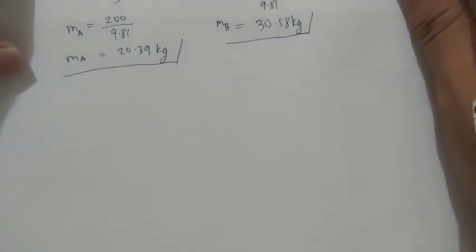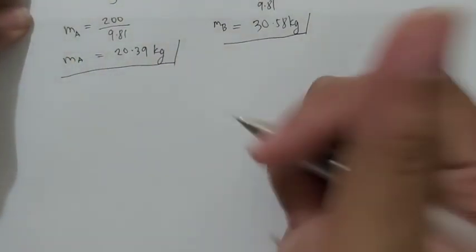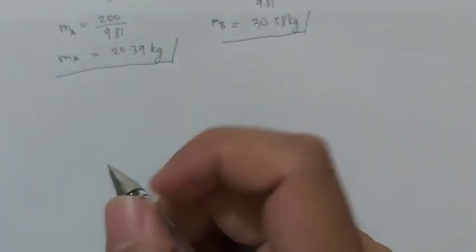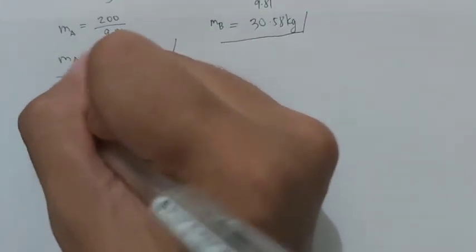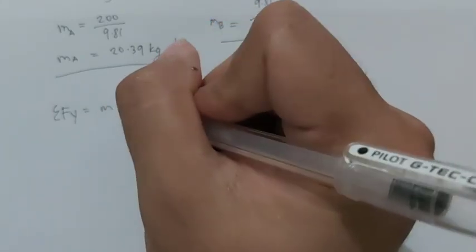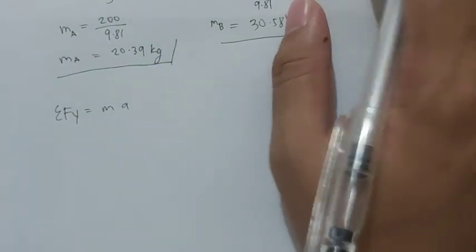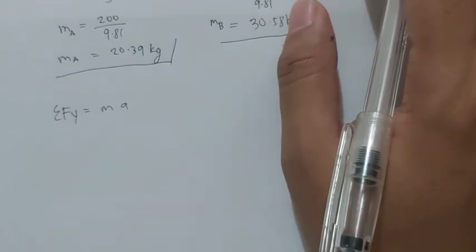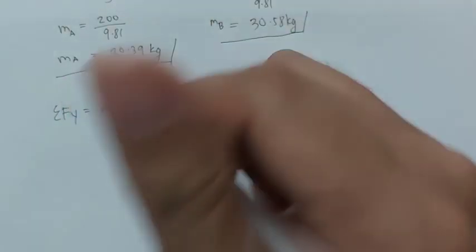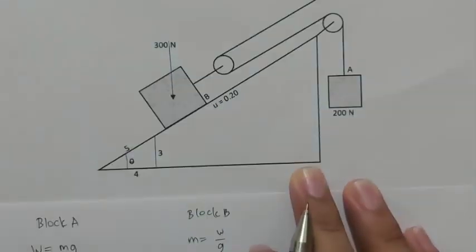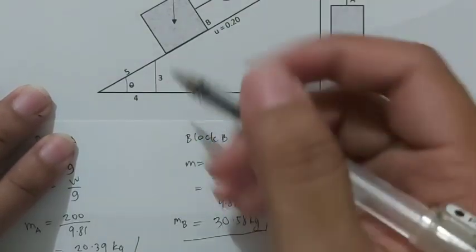The next step is solving for the acceleration. So for the acceleration, summation of forces with respect to y-axis tayo. So summation of force with respect to y is equal to mass times acceleration. So dito, gamit tayo ng SOH CAH TOA, for this triangle sa ating diagram, gamit tayo ng opposite over hypotenuse.